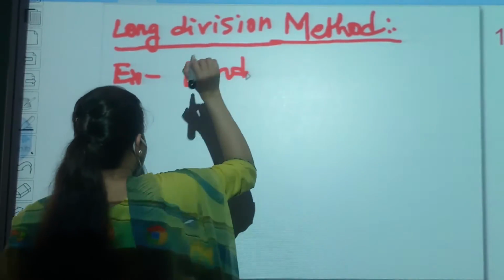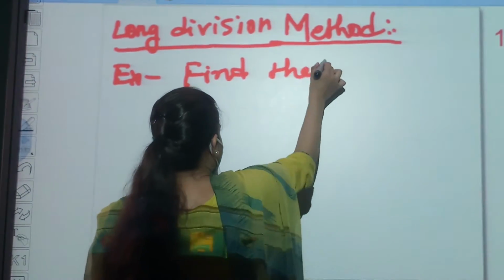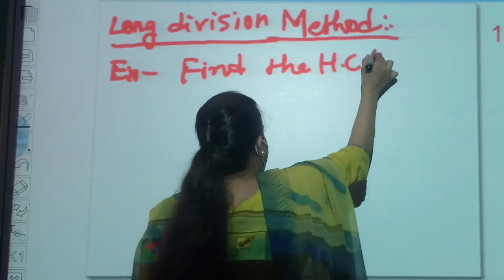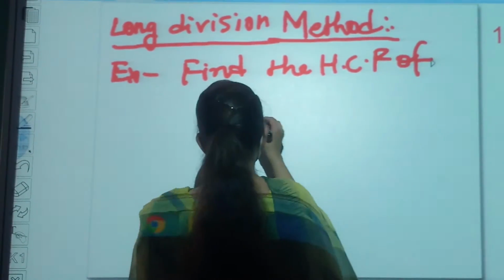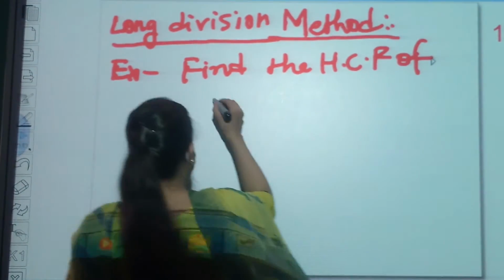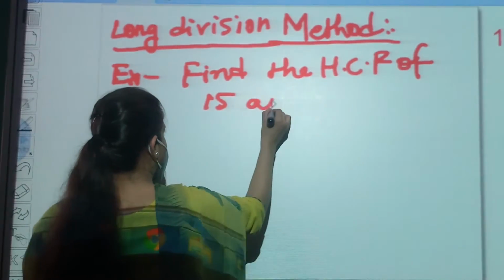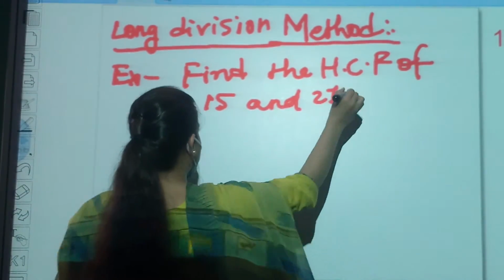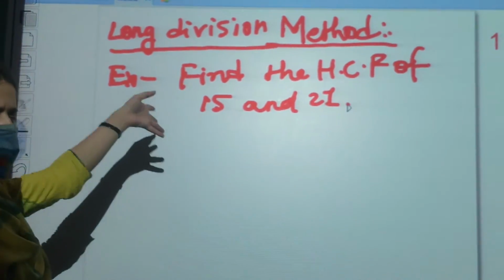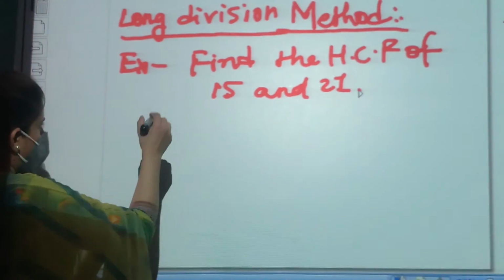Let us take the same example: find the HCF of 15 and 21, the same numbers. This method is considered easier than the other.